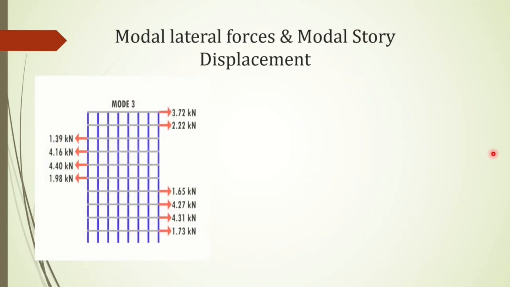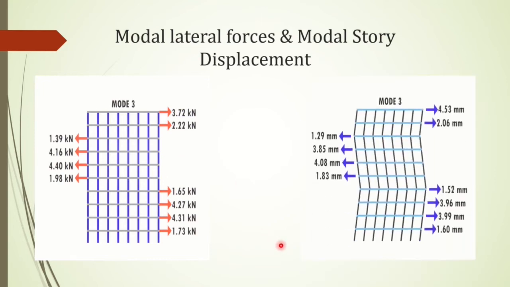Next is mode 3. As we proceed through the modes, we notice the patterns become more irregular. So, this is what will happen to its displacement: 40% going to the right, 40% going to the left, and another 20% going to the right.